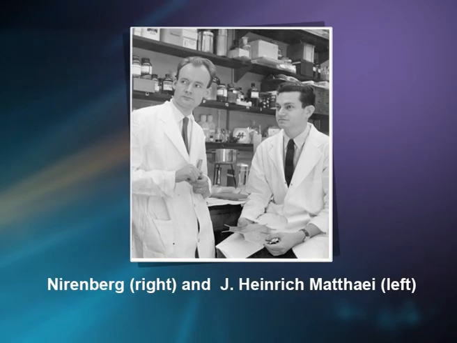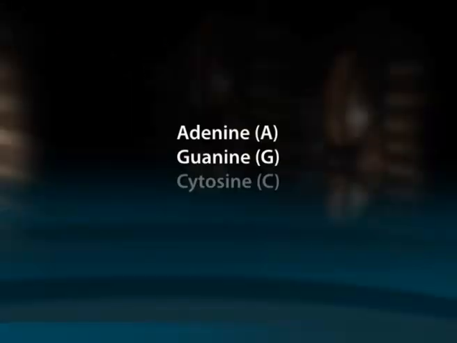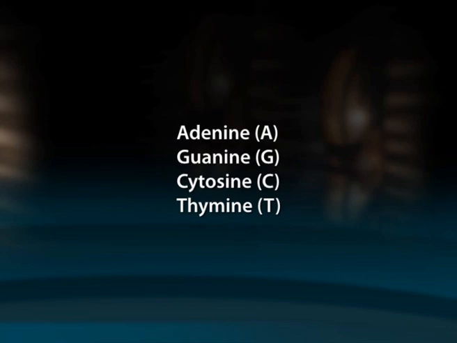Nirenberg and Heinrich Matthaei, a postdoctoral fellow from Germany, began their experiments by studying DNA and RNA molecules. In DNA, the nucleotides are adenine, guanine, cytosine and thymine. In RNA, uracil replaces thymine, the basic molecular unit strung together to form long linear molecules of DNA and RNA.